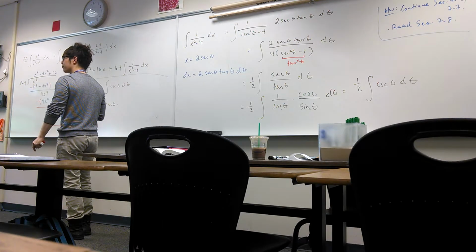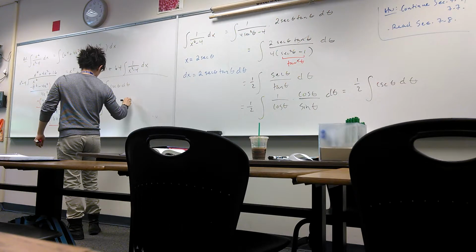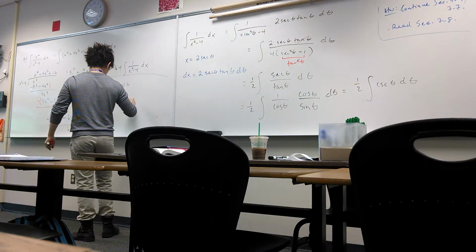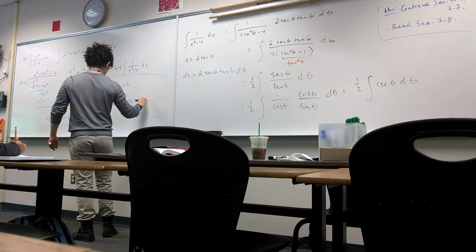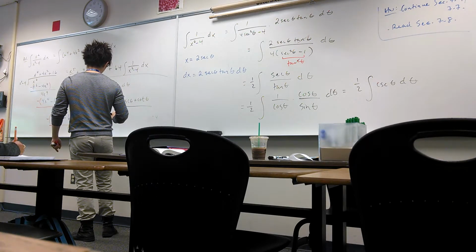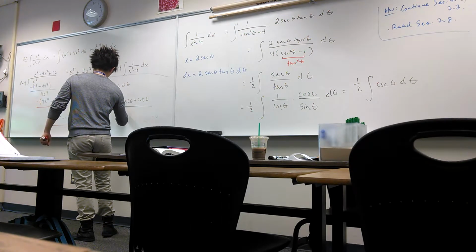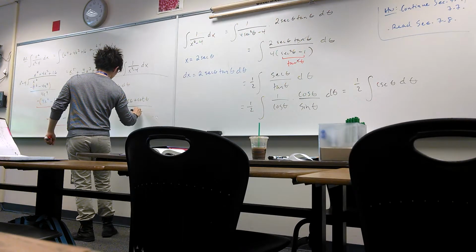So what do you think we can multiply on the top and the bottom of cosecant? Cosecant plus cotangent, or minus? Let's try plus and see what you get.